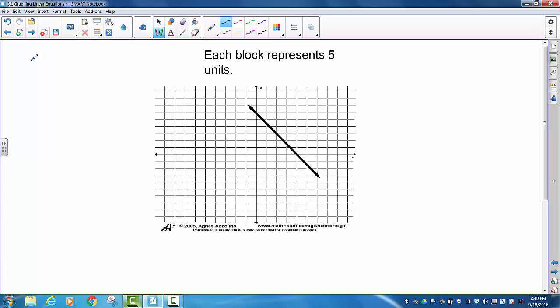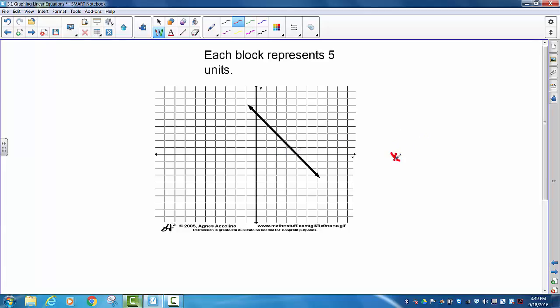Okay, each block represents 5 units, and I want you to tell me what the y and x intercepts are. Okay, so we look at this, and we go to the x-intercept on the x-axis, and there it is right there. That's where it crosses the x-axis, and it's 5, 10, 15, 20.